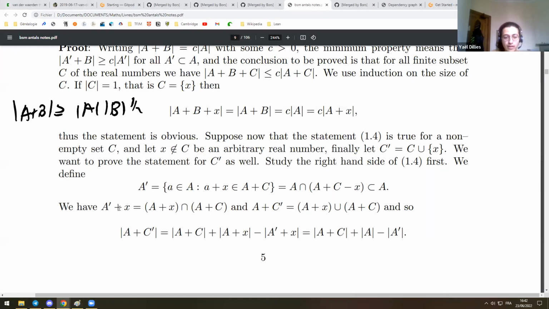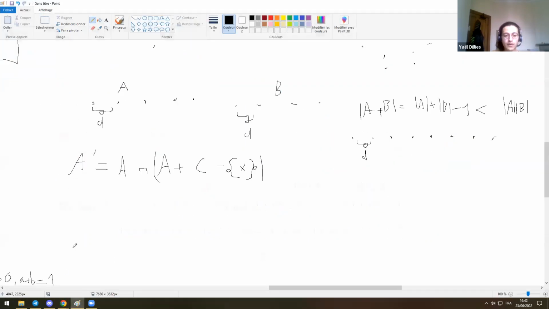And now I want to show that A prime plus X is equal to A plus X intersected with A plus C. So what do I want to do? I write A prime plus X. That's equal to A intersecting with A plus C minus X, plus X.